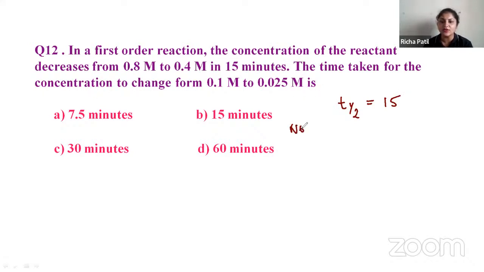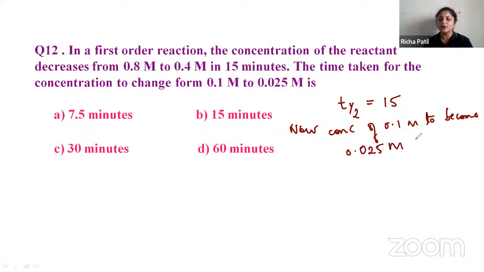Now the concentration changing from 0.1 M to 0.025 M means it will be 2 half lives.